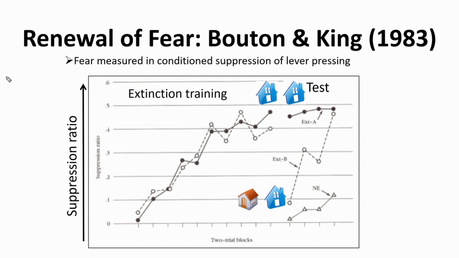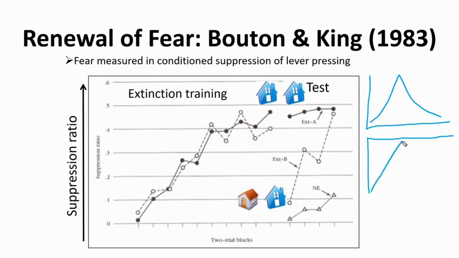So this is the opposite of what we've expected. Our usual graph looks kind of like this, where we have acquisition and then extinction. This is just the mirror of that. Our acquisition would be a sort of increase in suppression, so it would look like this.